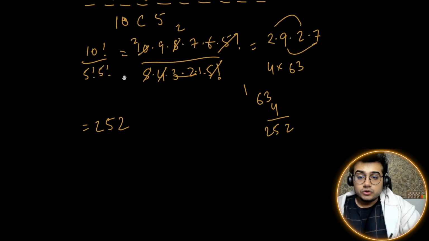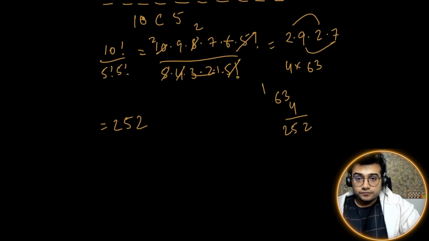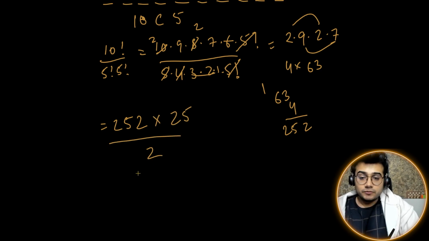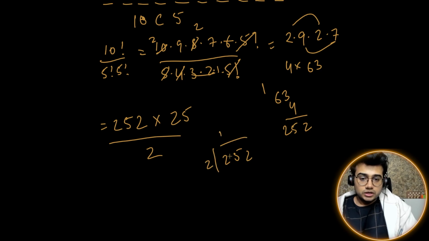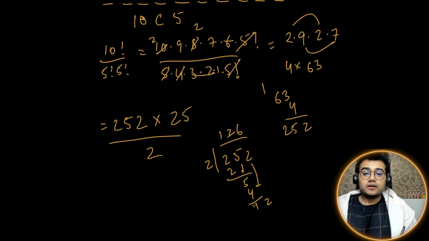So this is the total number of pathways, and then the total area of these pathways is 252 times 25, and exactly half of them are going to be shaded because of the symmetry. So what is this? Well, we can do 252 divided by 2. 2 times 1 is 2, then 2 times 2 is 4, and then 2 times 6 is 12.